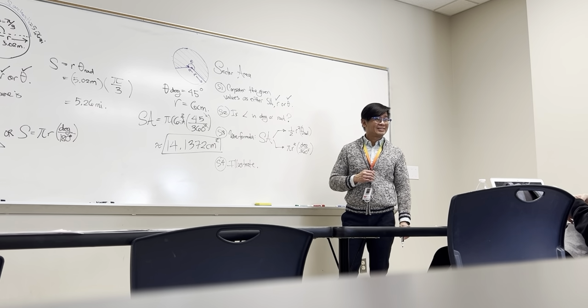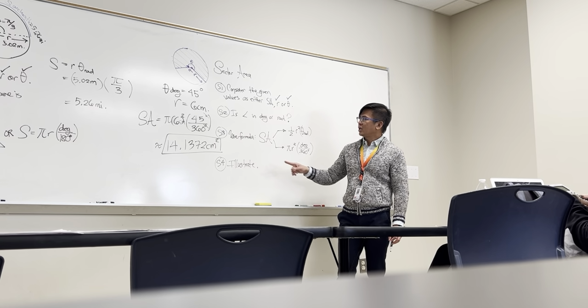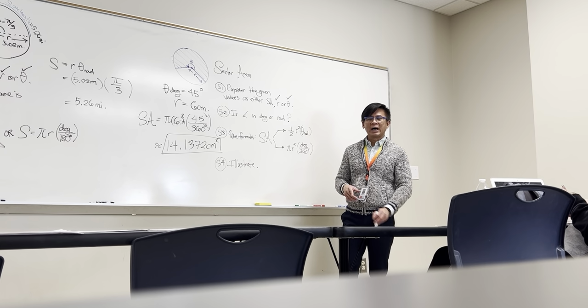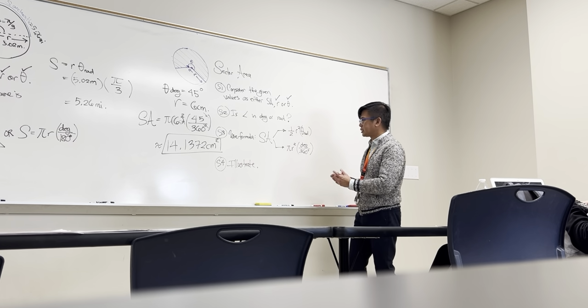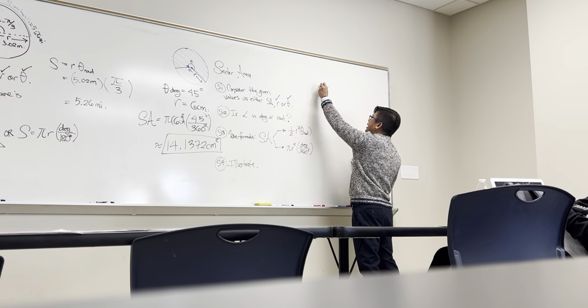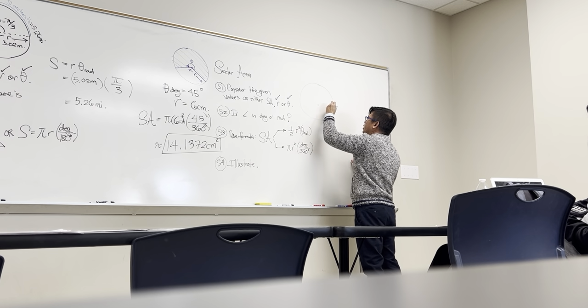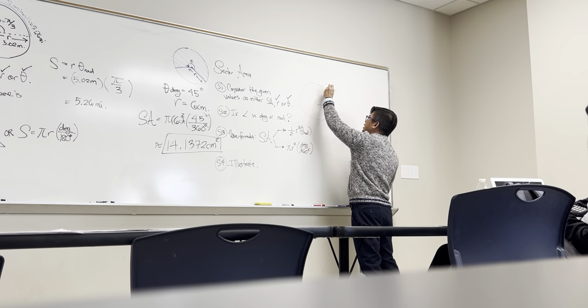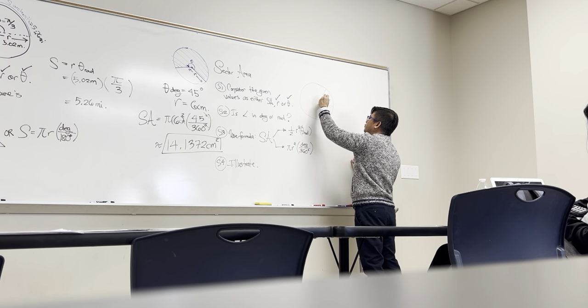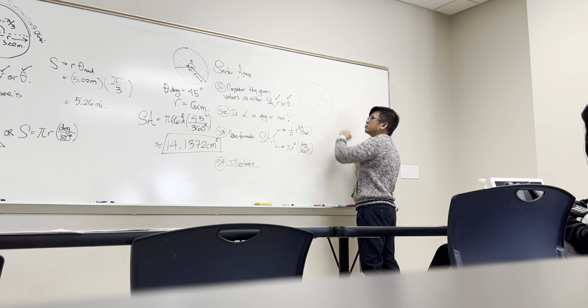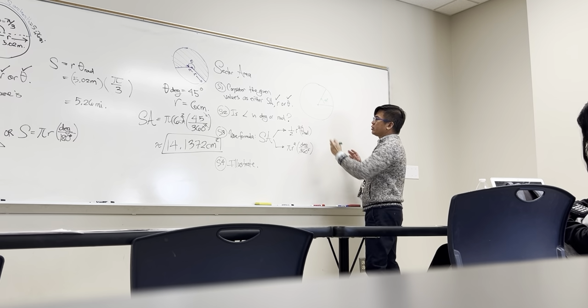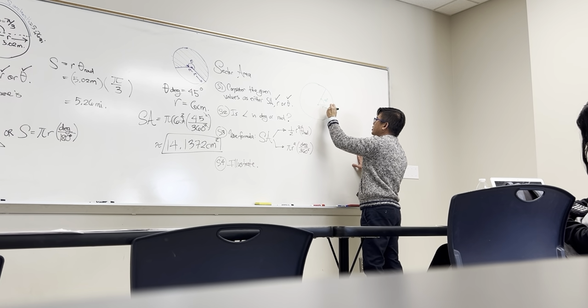Good. After that, let us illustrate. So how does that look like? Let's have our circle in here. 45 degrees is somewhere in here. So that's your 45 degrees. Your radius is 6 centimeters.